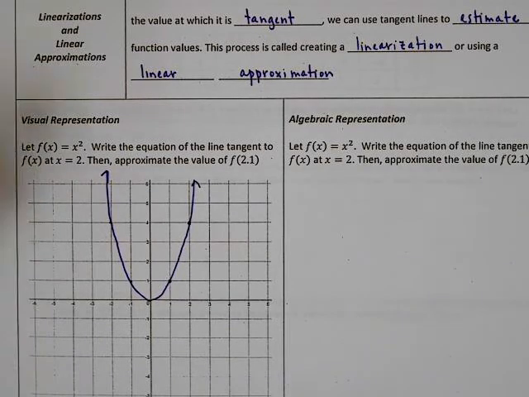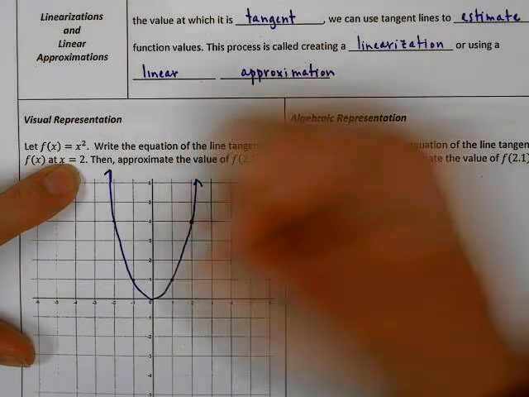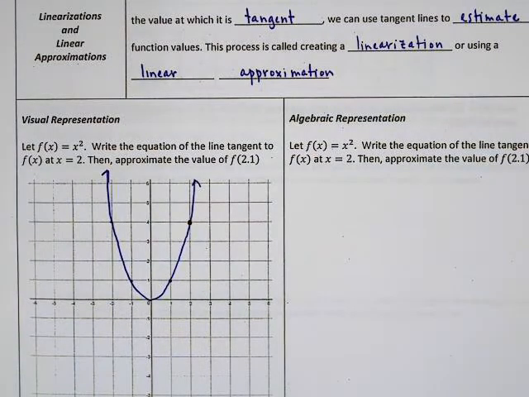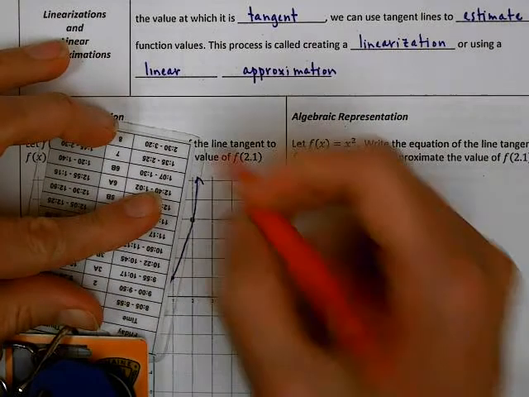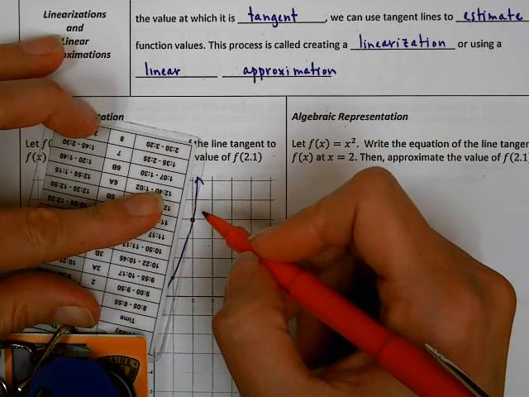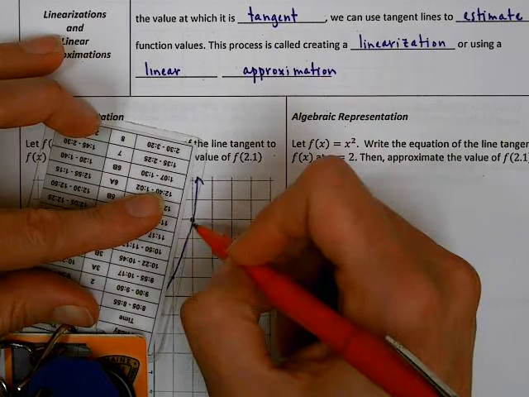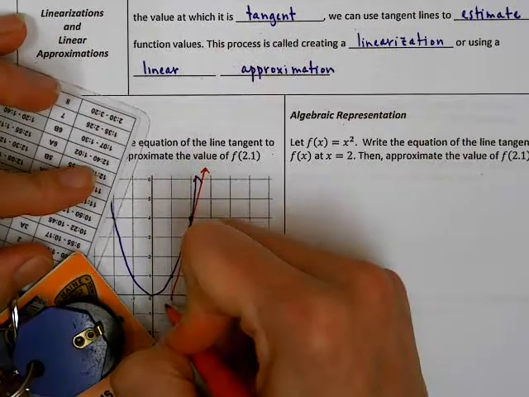Now, I want to create the tangent line where x is equal to 2. So I'm going to create the tangent line to the curve as best as I can here, just by eyeballing it. Draw it like this. All right, so there's my tangent line.